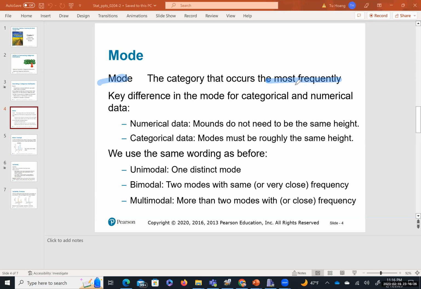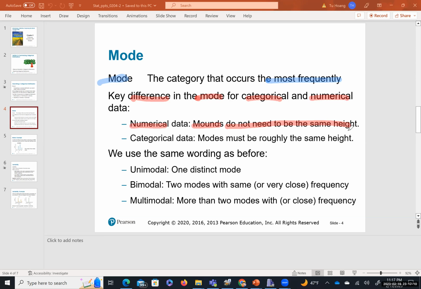So let's say what's the difference in the mode for categorical and numerical data? For numerical data, the mounds do not need to be the same height, as you see in 2.2. There is some disagreement between different texts and professors.